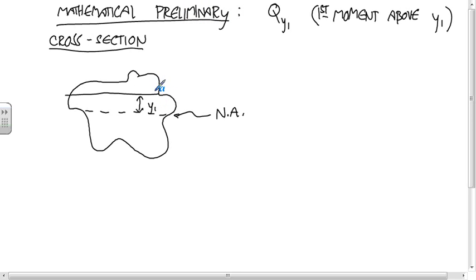Now take all of the area above y1, all this shaded region has an area A, and it also has a centroid C.